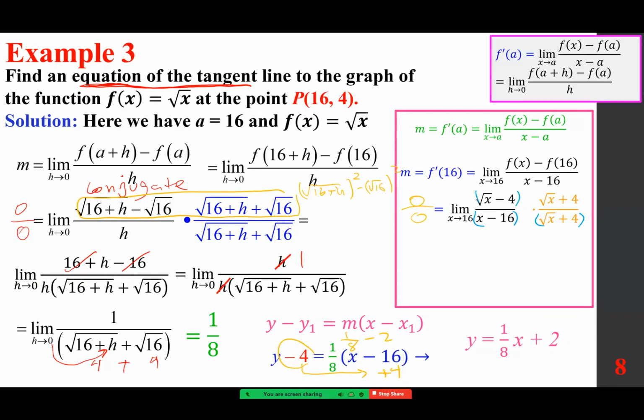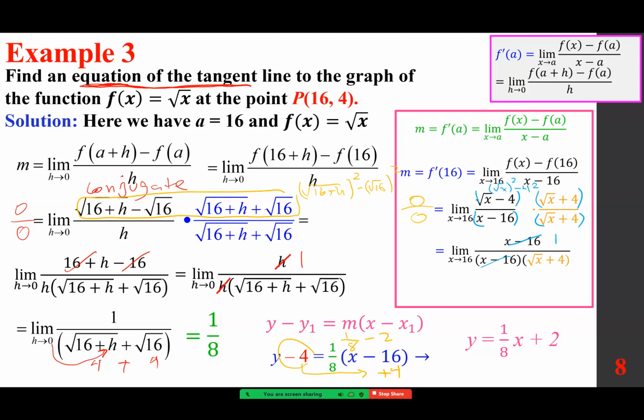What happens to the numerator? When you multiply, each one gets squared up. So we have square root of x squared, which becomes x, minus 4 squared, which becomes 16. X minus 16 cancels out x minus 16.